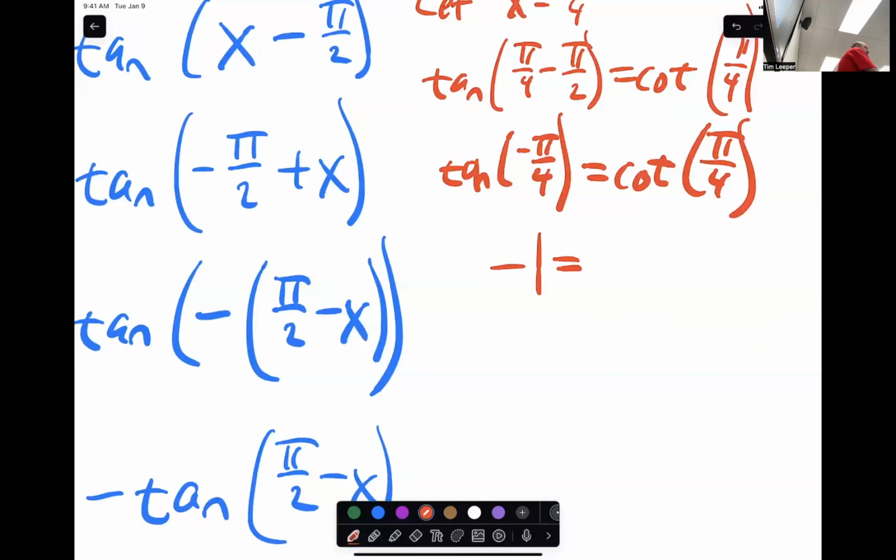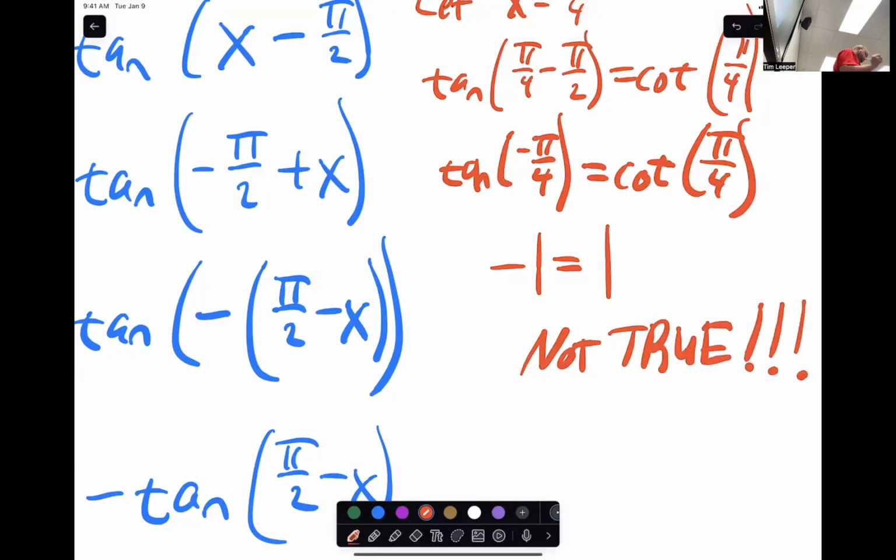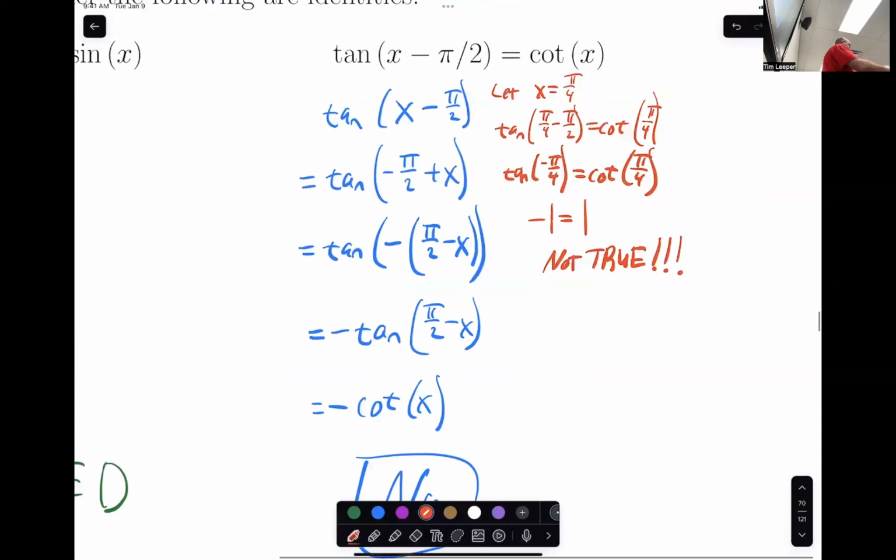And what is the cotangent of pi over 4? 1. Hence the reason that this is not an identity. There only needs to be one place that makes this untrue for this to not be an identity. Now, it can be an equation that you can solve, but it's not an identity because it's not true all the time.